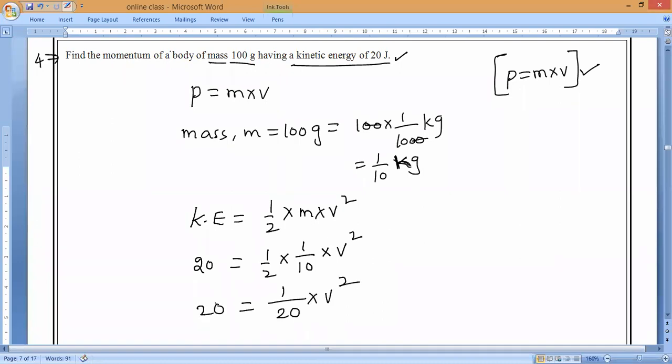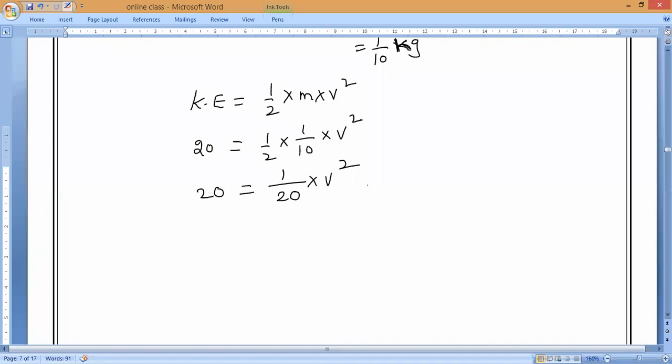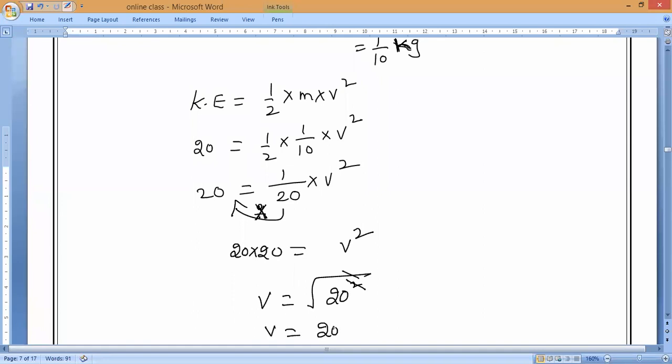Now 20 is in division, so it will come to this side and become multiplication. So V square is equal to 20 into 20, and V is equal to root of 20 square. The square and root get cancelled, so V is equal to 20 meter per second.